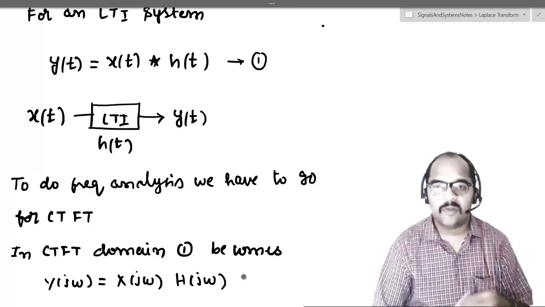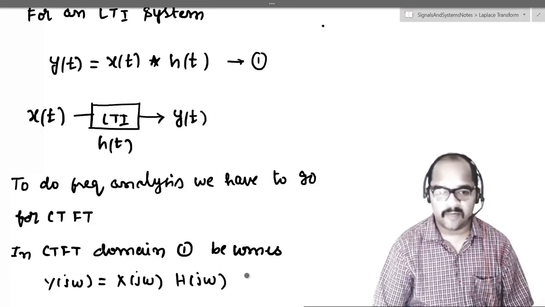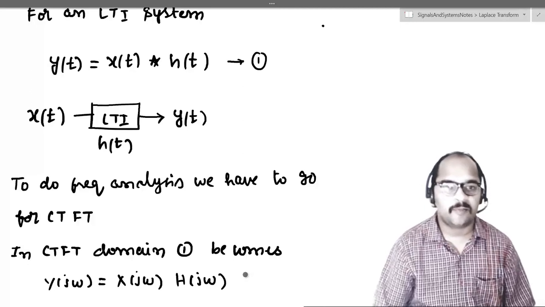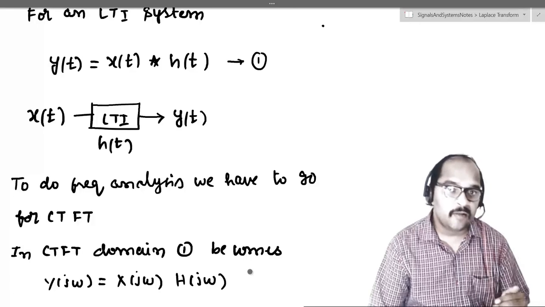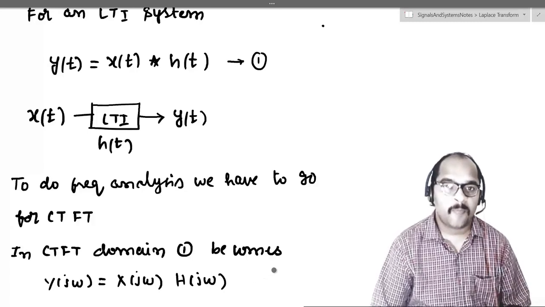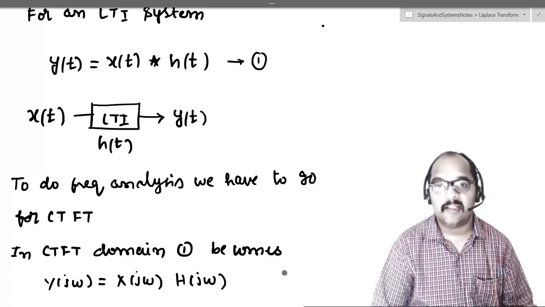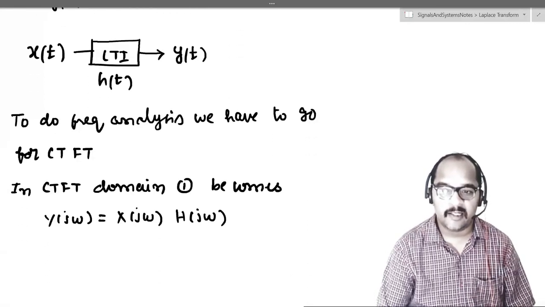Why? Convolution in the time domain is equal to multiplication in the frequency domain. So if you multiply the corresponding Fourier transforms, you get the output. But for x of j omega and h of j omega to exist, both signals x of t and h of t should be absolutely integrable.